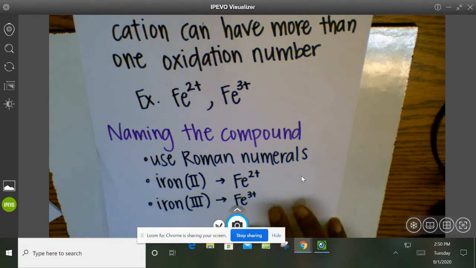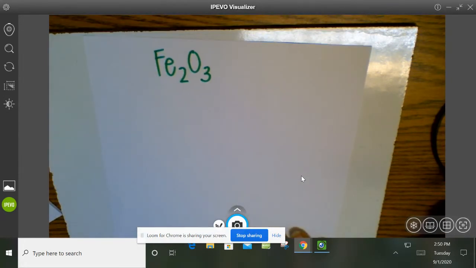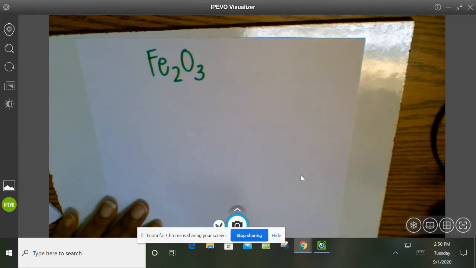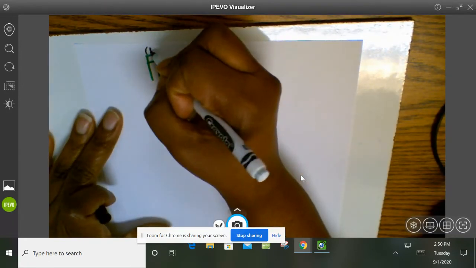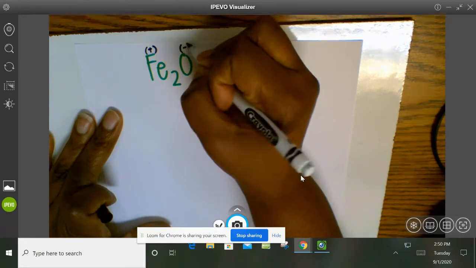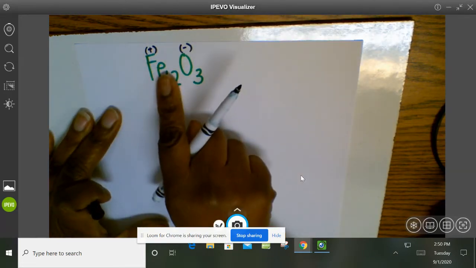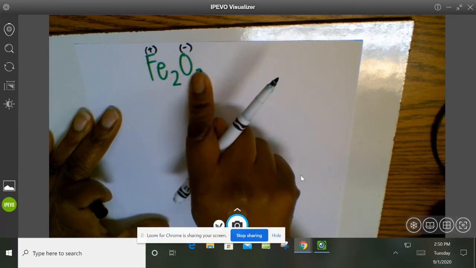Now, how do we figure out what the Roman numeral is? I have the formula for a compound, and it's Fe2O3. I'm going to put up here positive and negative, just so we can all see that this is the positive ion, and this is the negative ion.